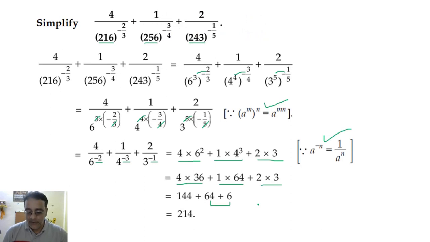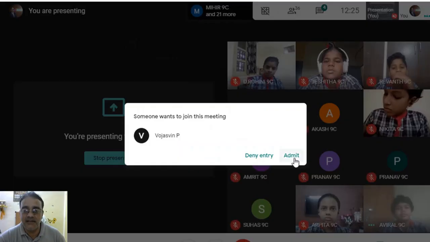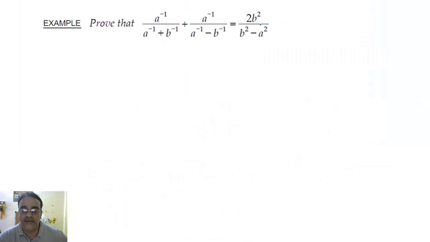Now we'll move towards proof related questions. In proof related questions, the first question is: prove that a to the power minus 1 upon a to the power minus 1 plus b to the power minus 1, plus a to the power minus 1 upon a to the power minus 1 minus b to the power minus 1 is equal to 2b square upon b square minus a square.